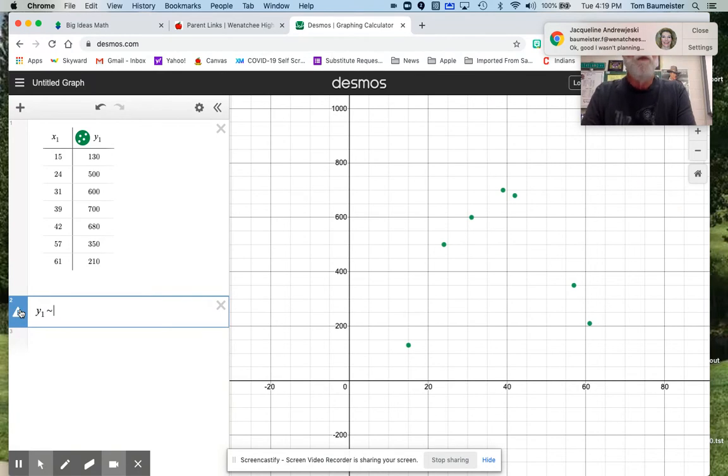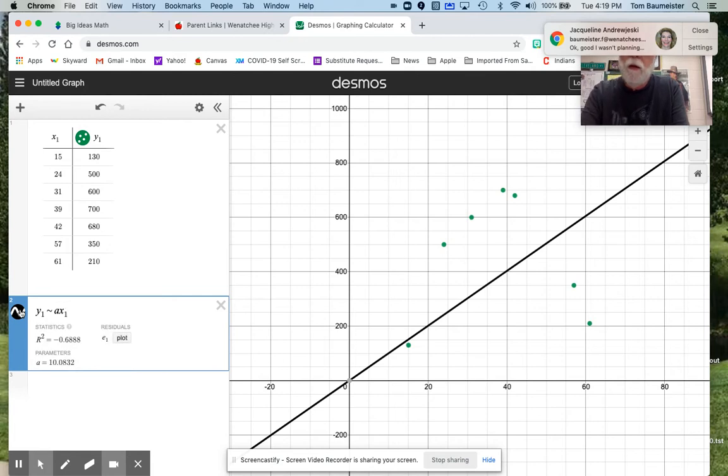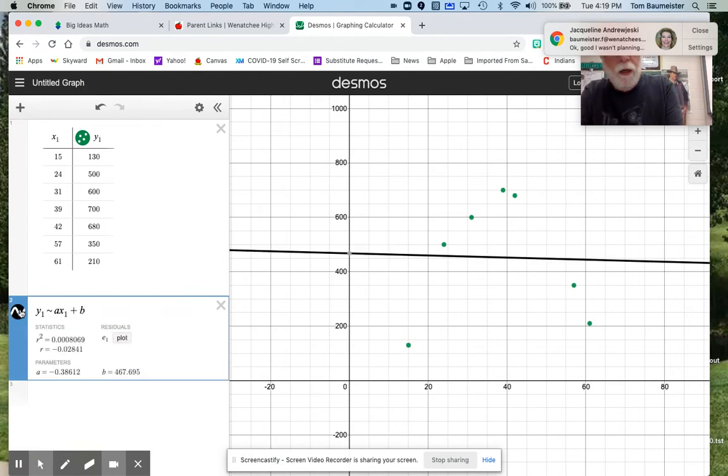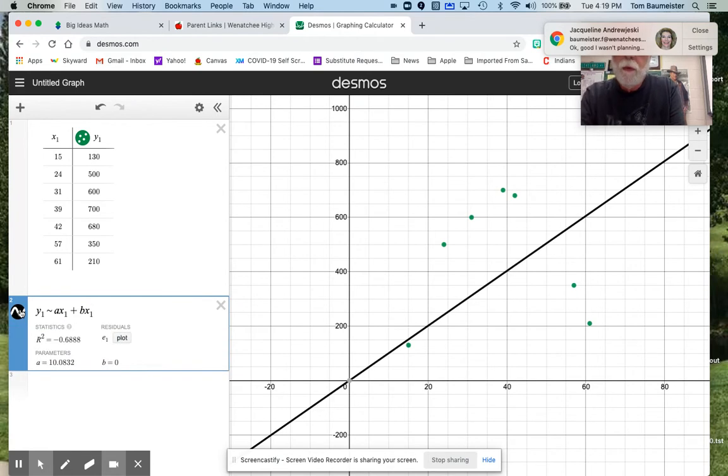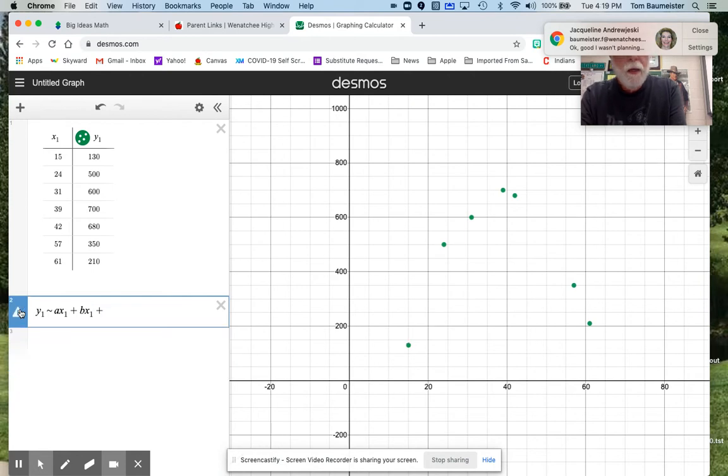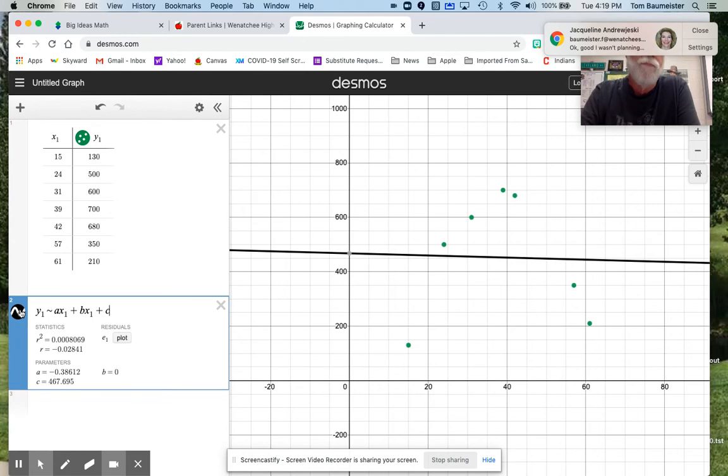Okay? And remember, standard form is ax squared plus bx plus c. So I'm going to say a of x sub 1 plus b of x sub 1 plus c. I don't know, you guys, it looks like I have a straight line. I made a mistake. Does anybody know where it is? I do.